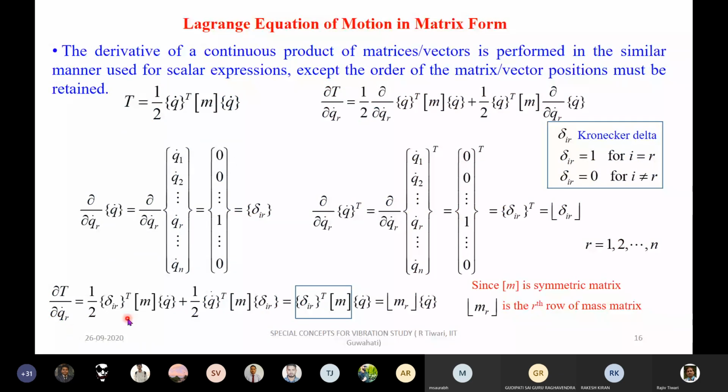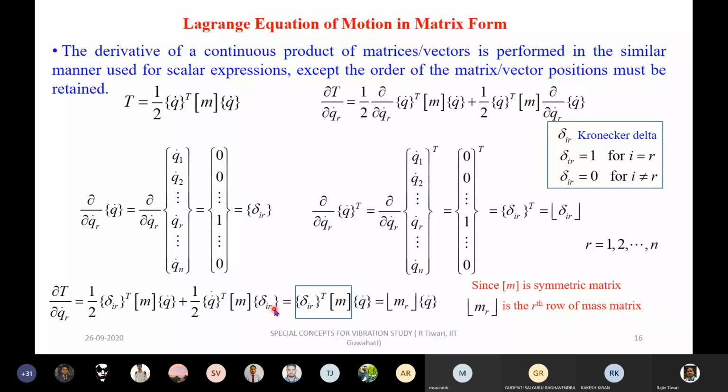Now, if you see this particular expression, both the terms are equal because the mass matrix is symmetric. So the term here and here is equal. That means we can take one of them and add, so the half will go.